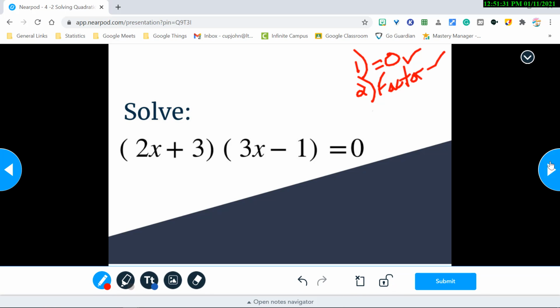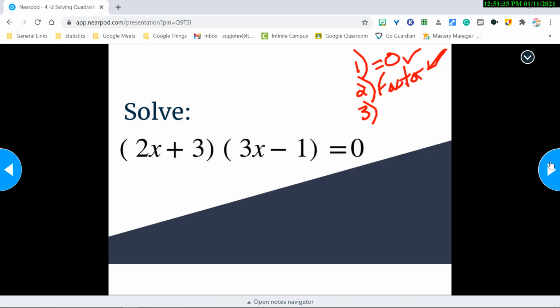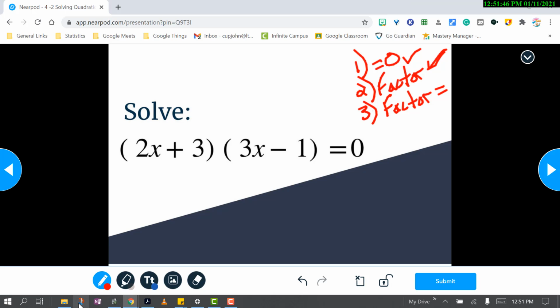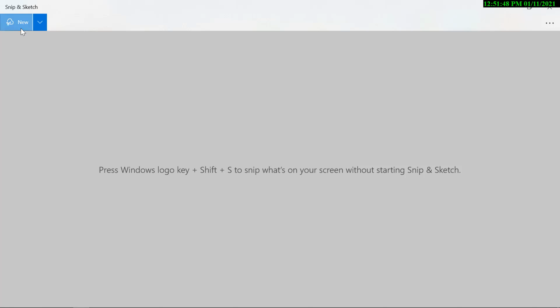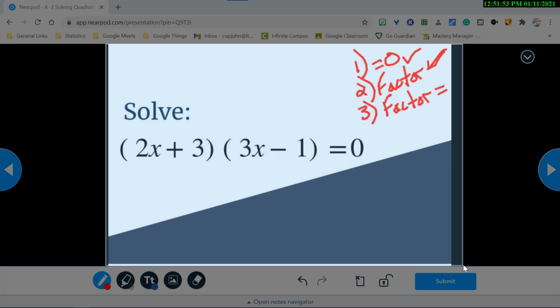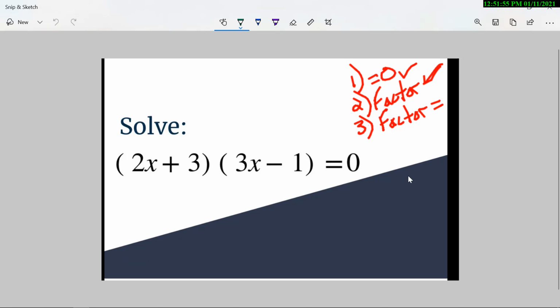Oh, it's factored. Check. Third, we want to set each factor equal to 0. And then lastly, solve for x.